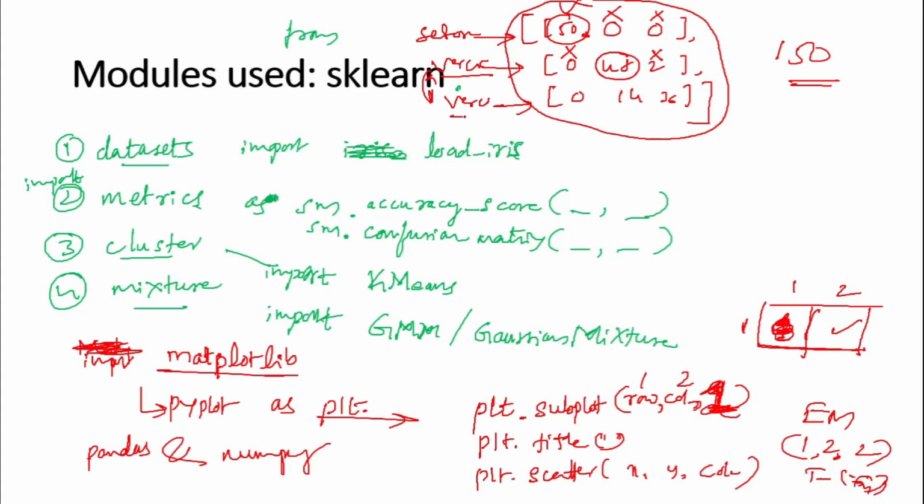The third one, virginica: 36 flowers are correctly classified as virginica, but 14 are wrongly classified as versicolor, and 0 are wrongly classified as setosa. So this is the confusion matrix. Looking into it, we can come to a conclusion about the classification of the data samples according to the algorithms we have worked on.